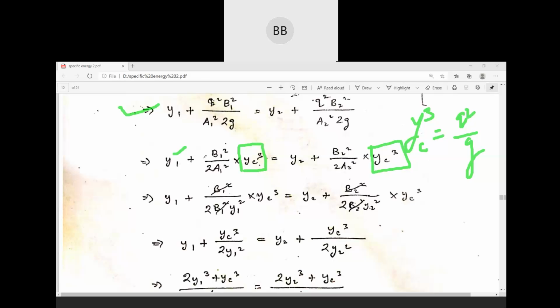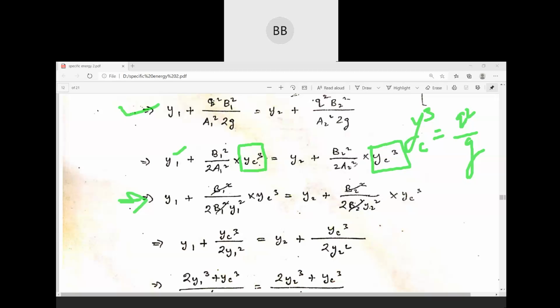Now here in the next, y1 will be the same, then we are going to use the area equation. Here b square divided by twice will be there. In area we can write b square y1 square, as it is a rectangular channel, and yc cube will be there.